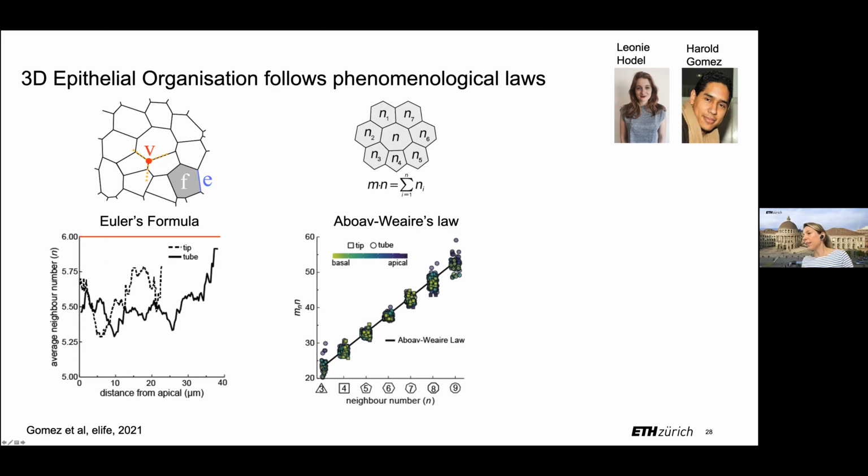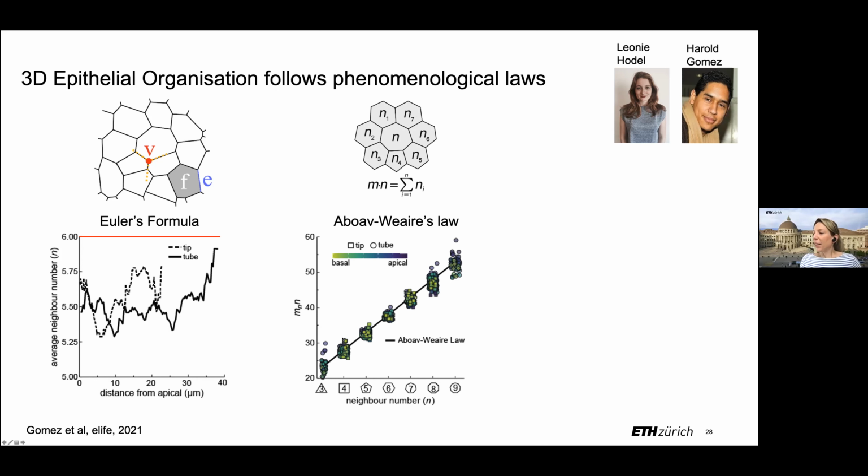So we understand the origin of that observation. But when you look locally, you do not have 6 neighbors, but locally a different law applies. And this law is called Aboav-Weaire's law. I didn't print it here. And this Aboav-Weaire's law relates the number of neighbors that the cells have in the center to the average number of neighbors that these neighbors have.